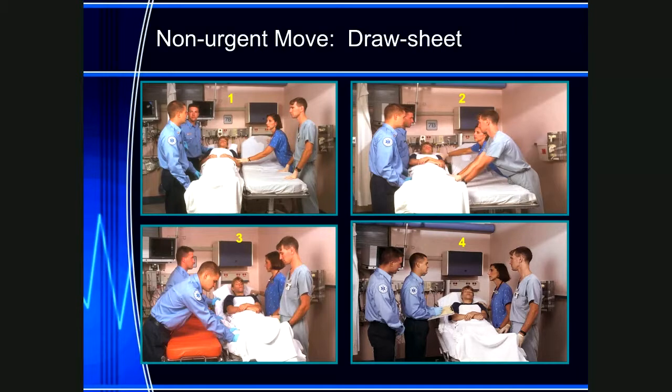Usually the stretcher sits about 1.5 to 2 inches higher than the bed, so you want to make sure that the patient doesn't fall down onto the bed. And then in the last picture, they've moved the cot and they're giving their report about the patient.